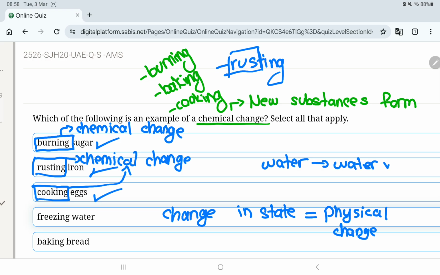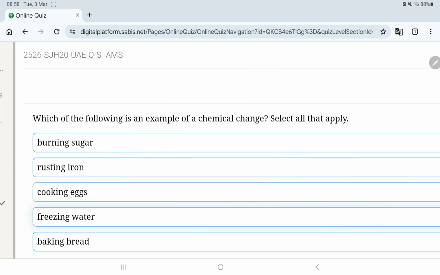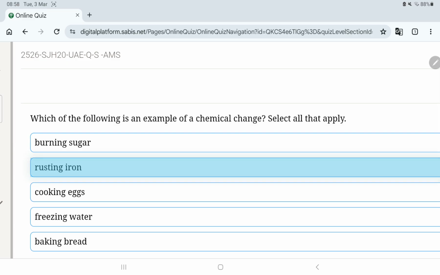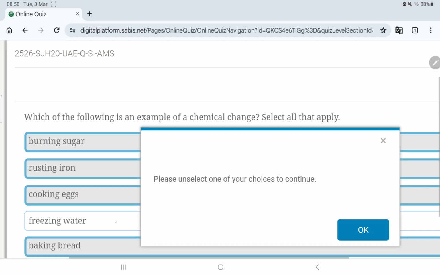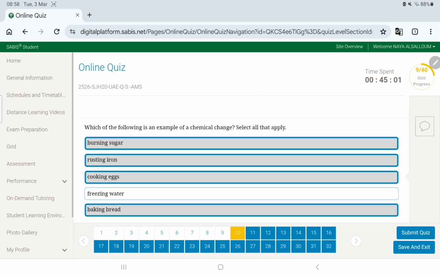Water vapor. You don't say carbon vapor, for example. Water turns into water vapor, right? It's still water, but in a different state. So is it a chemical change? No. Baking, what did we say is an example of a chemical change? Baking also, right? So is it a chemical change? Yes. So burning sugar, rusting iron, cooking eggs, and baking bread. So 4 options only.